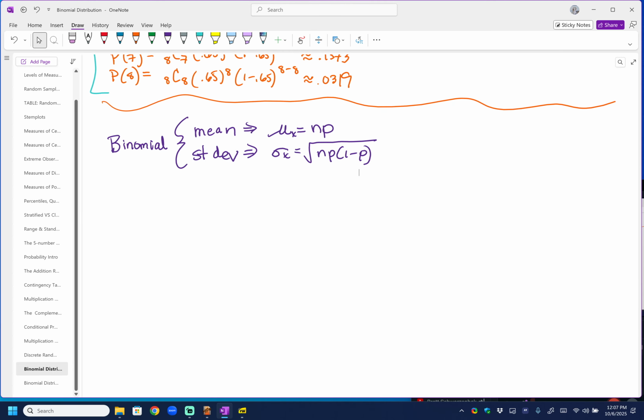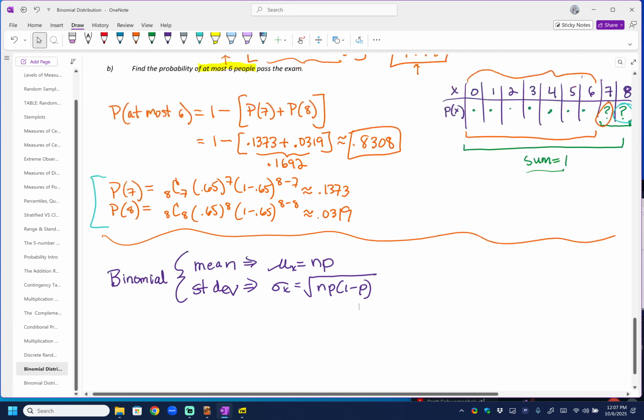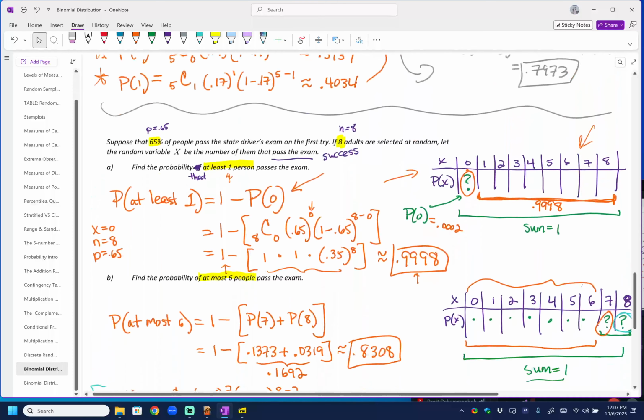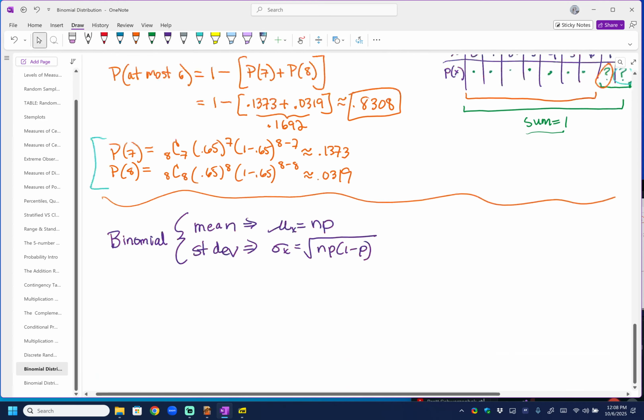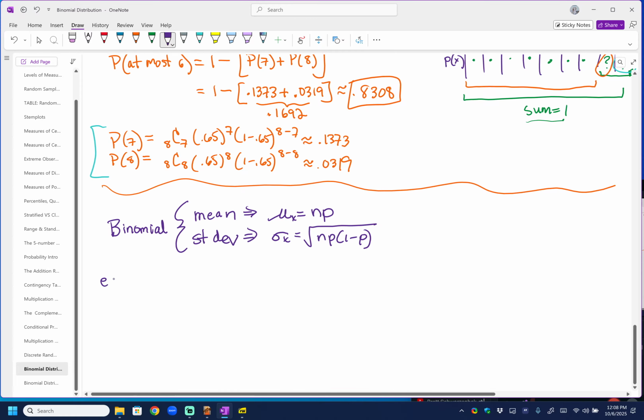For example, returning to our state driver's exam scenario here, where we had the following information. We had n equals, let's write this out, driver's test. So we had n equals 8 people selected at random, and the probability of passing the driver's test was 0.65.